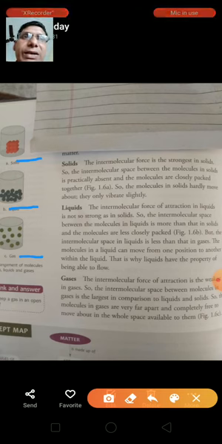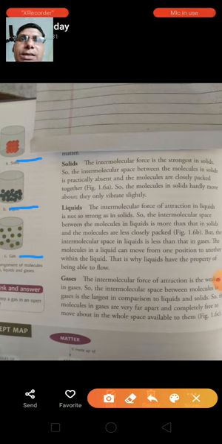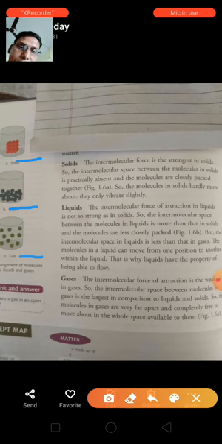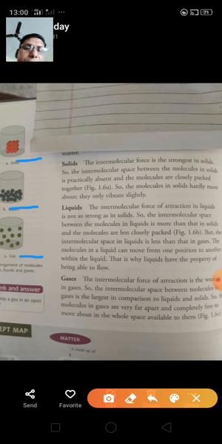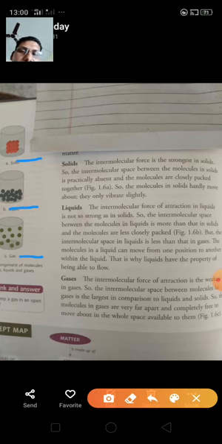So gases have the least intermolecular force of attraction as compared to solid and liquid, but gases have the highest intermolecular space. See, the intermolecular force of attraction is very weak in the gas. So the intermolecular space between the molecules in gases is the largest in comparison to liquid and solid.